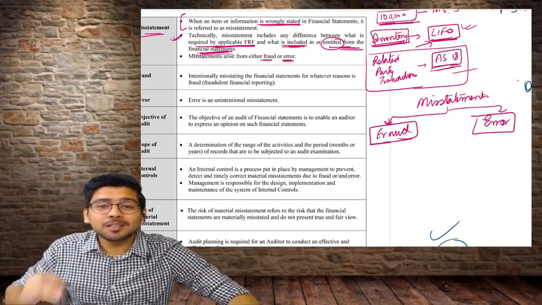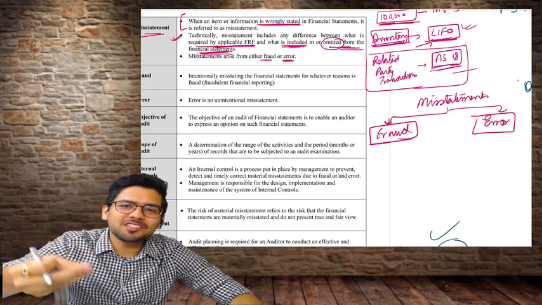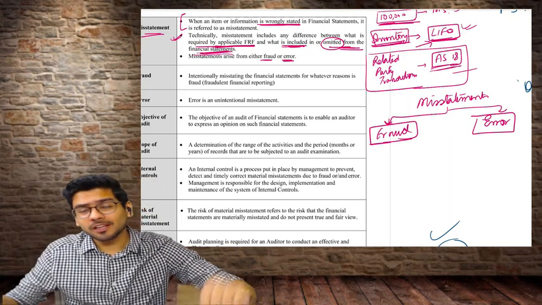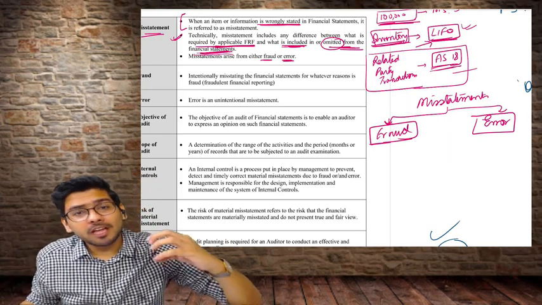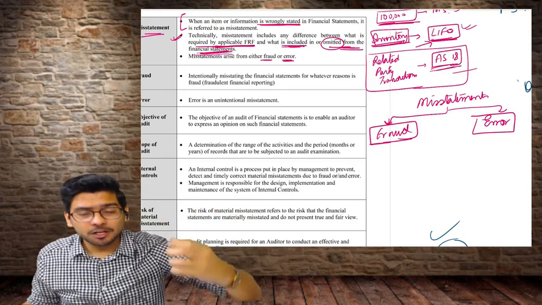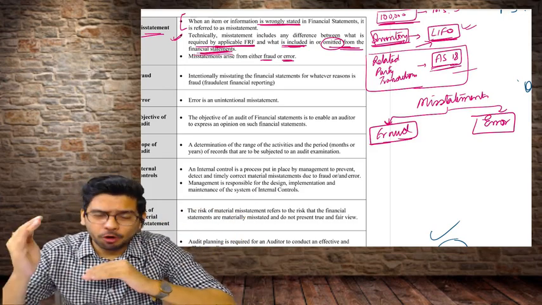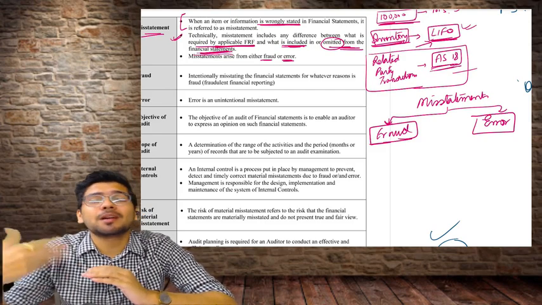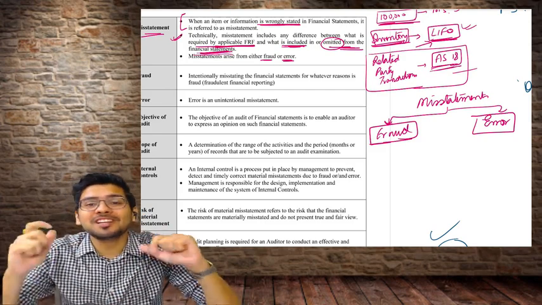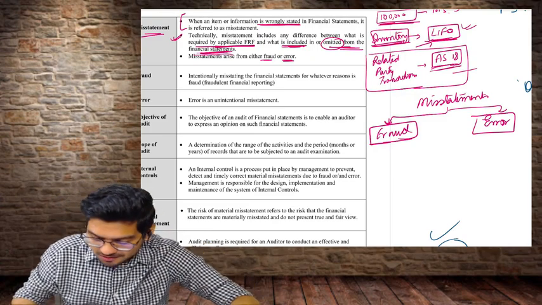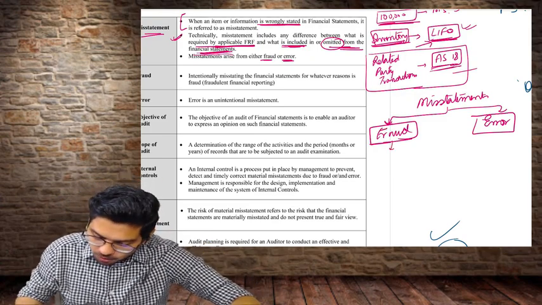When something is done intentionally in the financial statements, let's say they have inflated the sales just to show that they are doing good, or they have inflated the expenses so that their profits go down and ultimately the tax liability goes down, they have done this intentionally. So when misstatements are done in the financial statements intentionally, we call it fraud.